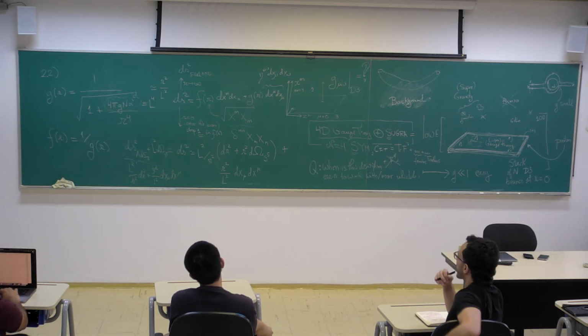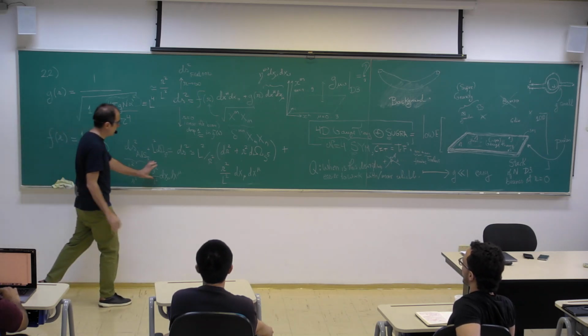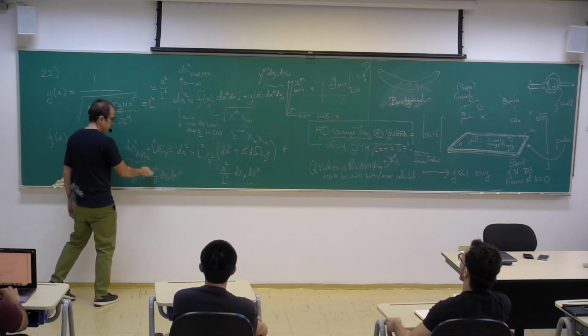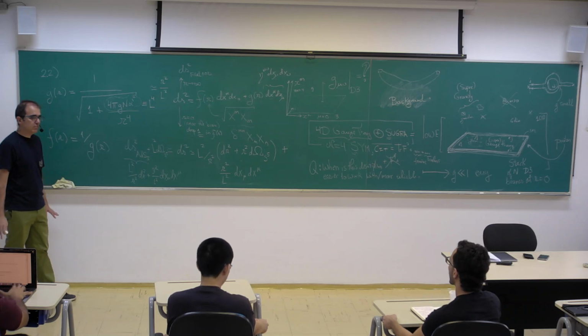And that's just a way of writing a space, and this space is called anti-de Sitter space.